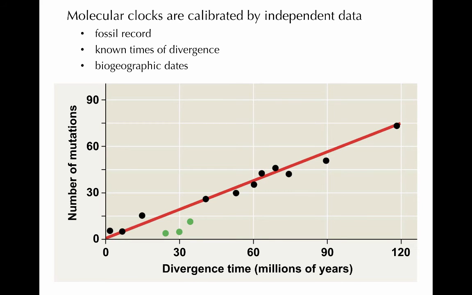You have to figure out how fast a gene seems to be evolving. And basically what you do is you look at the number of changes and match that up with the fossil record or other groups that you already know. And then it gives you a slope of a line that tells you basically how fast the gene is on average changing.